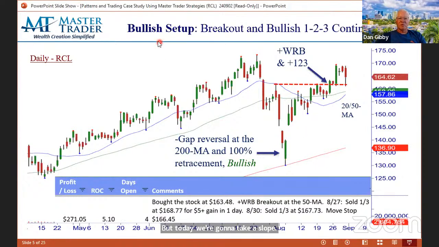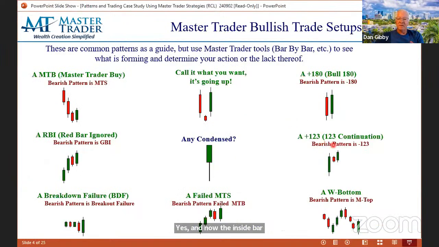So what is the bullish setup? I have a wide range breakout. Yes. And now the inside bar is this. It's a bullish 1, 2, 3 continuation pattern, which is a wide range green bar. What does that mean? Well, it's a big fat green bar compared to other bars on the chart that you can see.